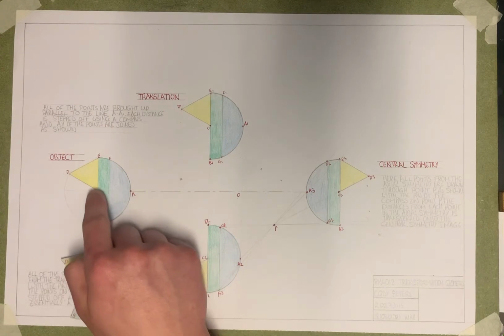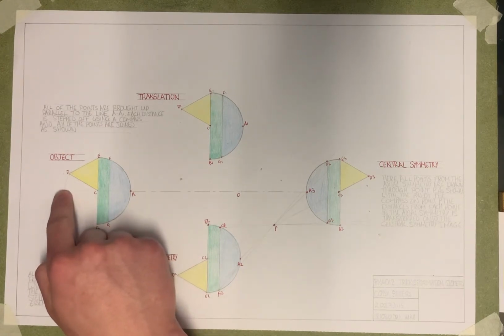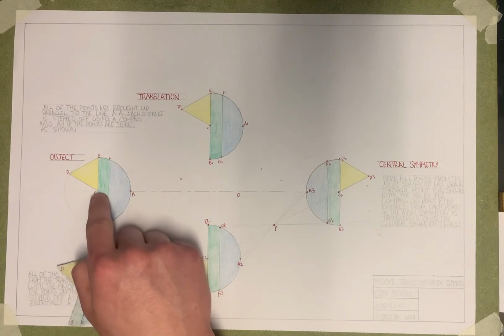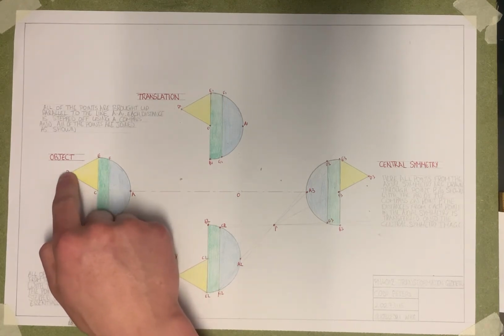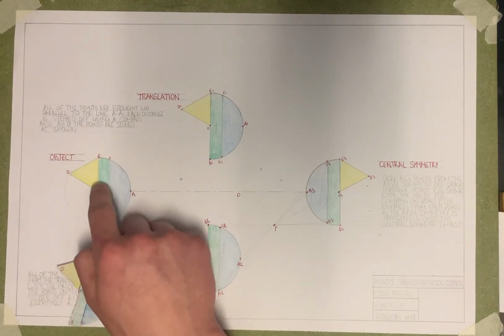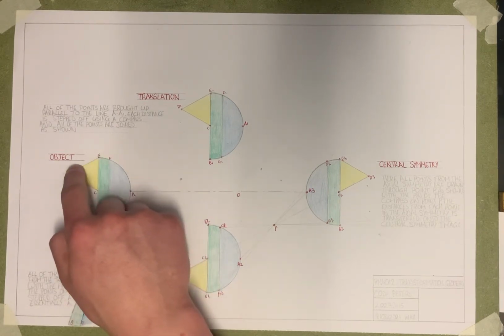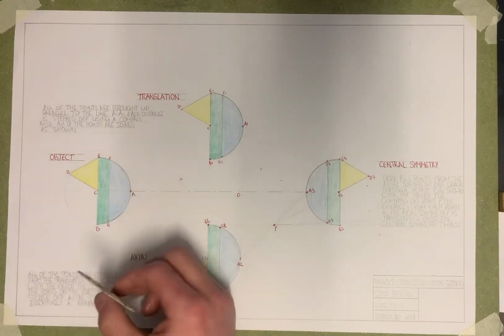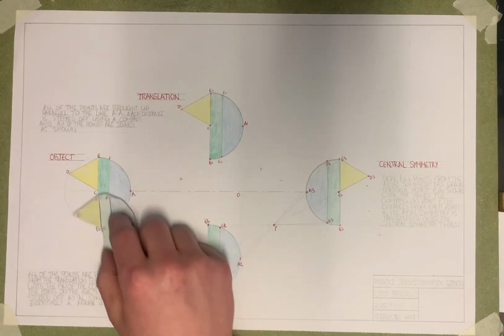To find D, from here up to D is 15 millimeters. Then we join point C to D, and then we join D to E, and that will give us this section here. So now we've found all of the points on our object.